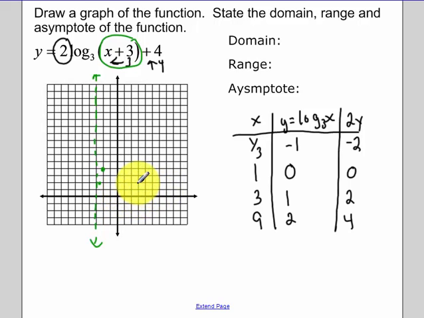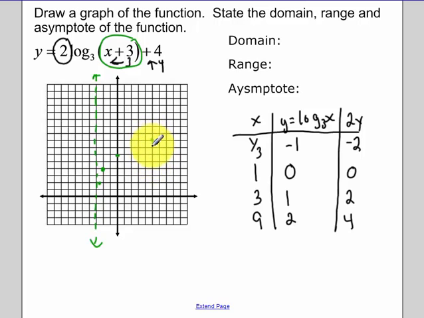I shift this over 3 and then up 2. I'm sorry, up 4. I'm at 9, 4. I shift this over 3, up 4.